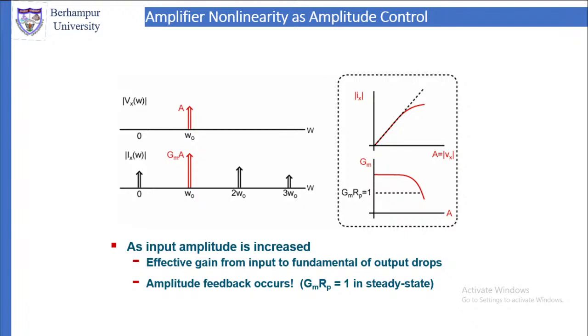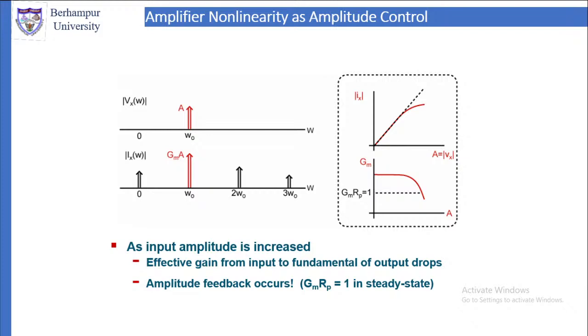As Ix becomes nonlinear, this GM gradually drops down towards 0, and it comes to GM into Rp equal to 1 at a point. That point is shown here in the figure on the left hand side.